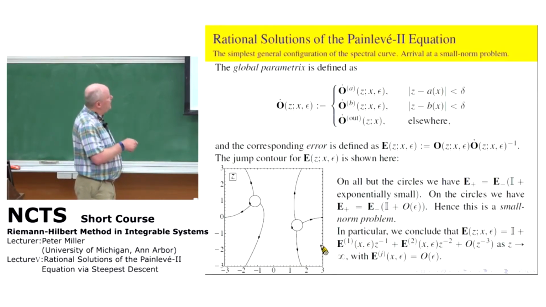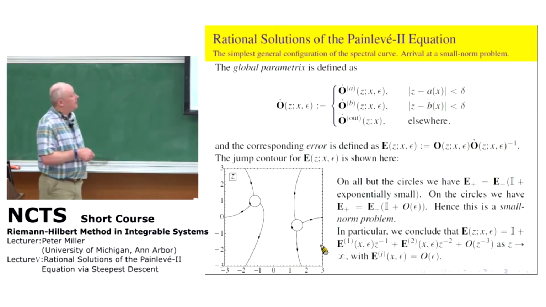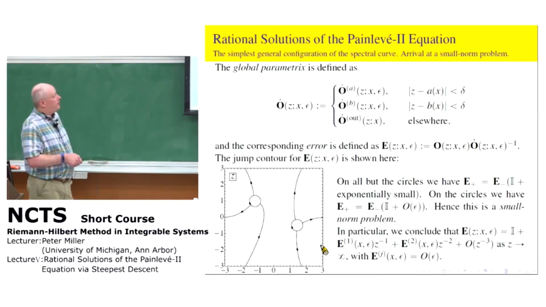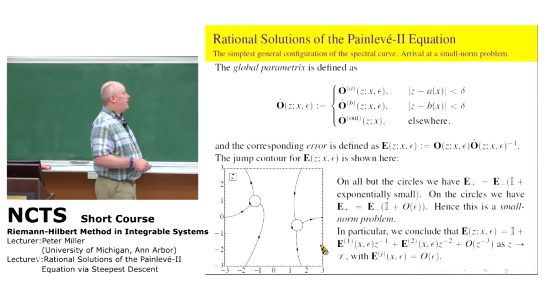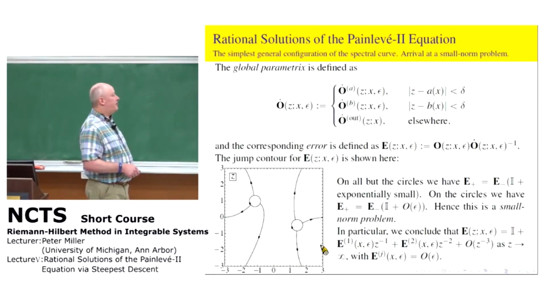So all that remains are these arcs outside the disks, and there we have uniform exponential decay of the jump matrix for O to the identity. And we have these circles where we have to jump between the outer and the inner parametrices, and there we have said that there's a good match between the outer and the inner parametrices. So what that means is that we can check that we have a small norm Riemann-Hilbert problem for this error matrix E. So in particular, we can conclude that E of z, x, epsilon is identity plus E1 over z plus E2 over z squared and so on as z goes to infinity.